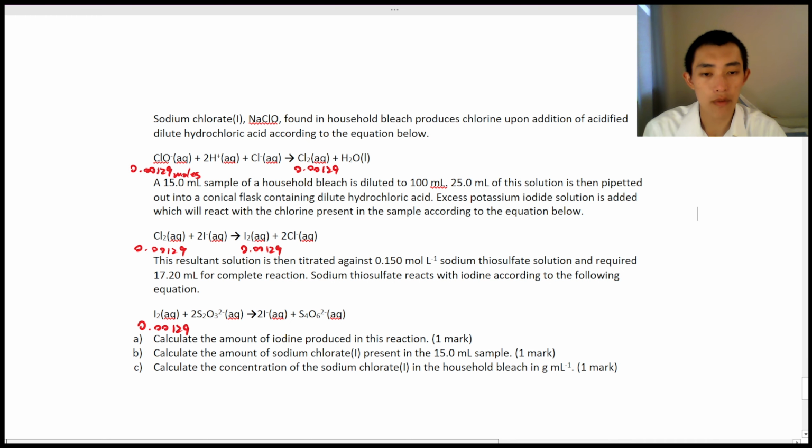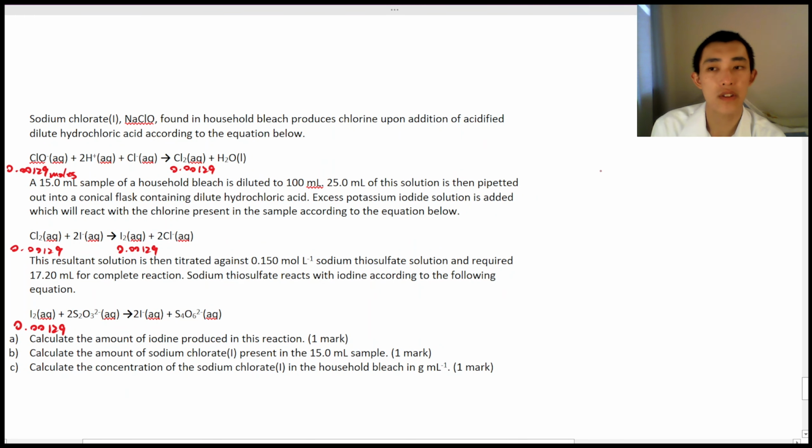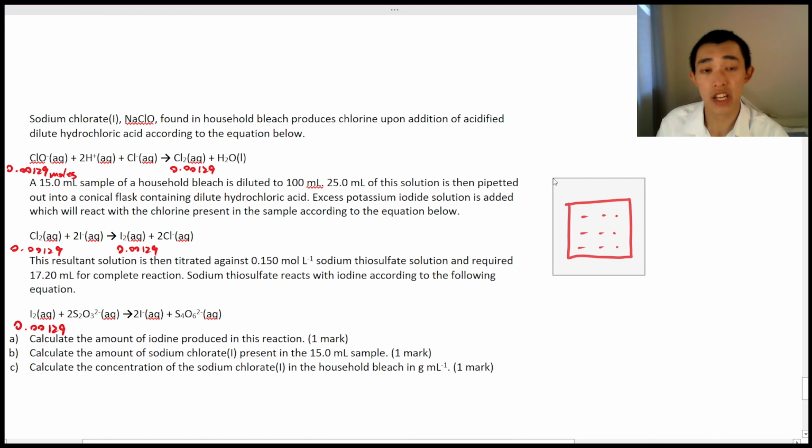So to help you visualize this, let's imagine that I had a little 15 milliliter sample. Now, this sample is diluted. Does diluting something change the number of moles in it?